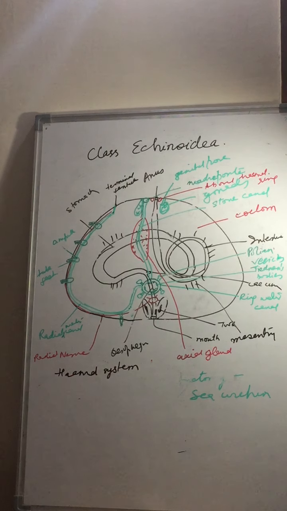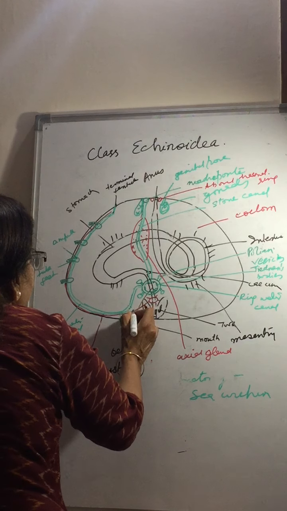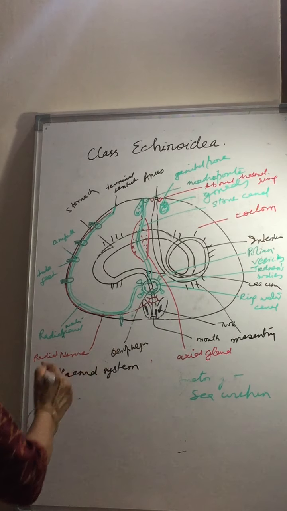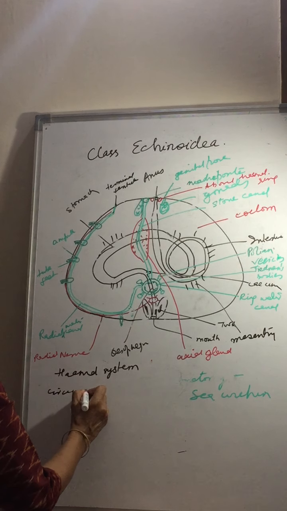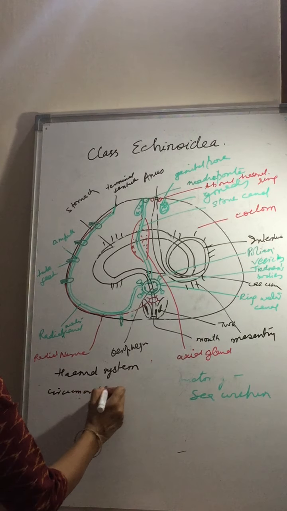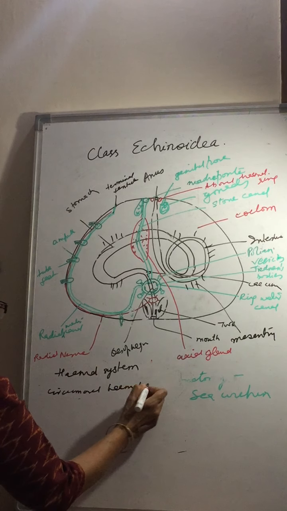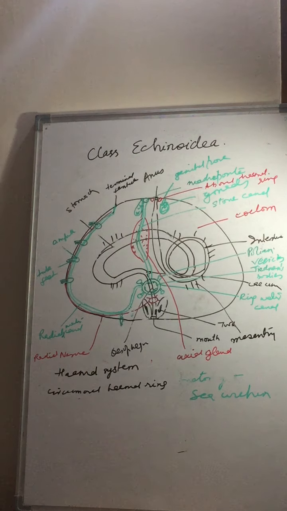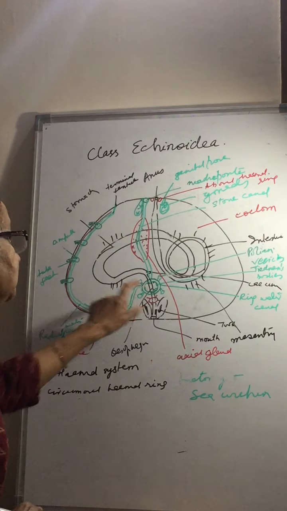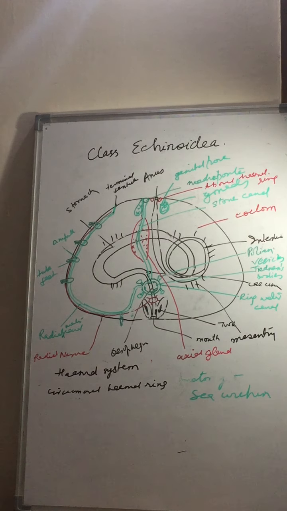In the hemal system, we have the circumoral hemal ring. Since it is a ring, it is present around the water vascular canal.